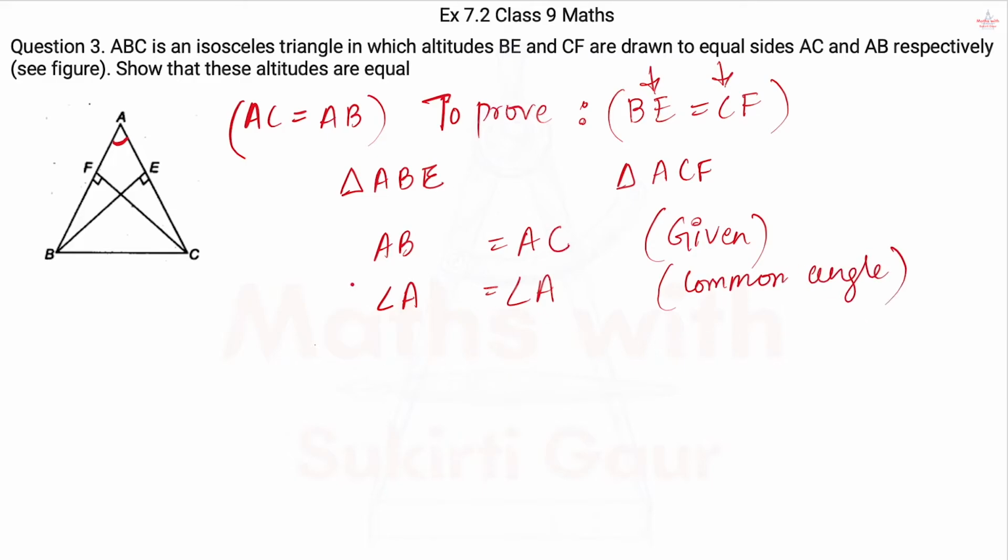Okay. Another thing which is common in between is, you can see here, this was an altitude. So we have angle BEA in triangle ABE. In triangle ABE, this one, I'll form a line over it.